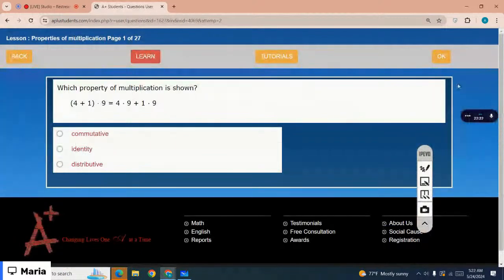Okay, which property of the multiplication is shown? 4 plus 1 times 9, right? So we have already learned the distributive property. Basically, that is the distributive property.